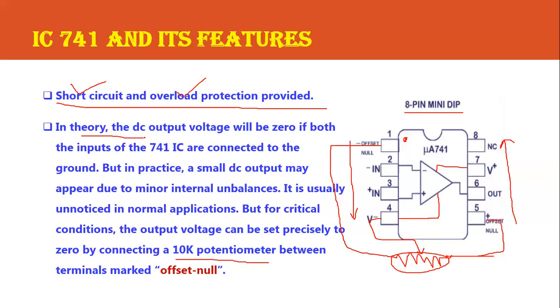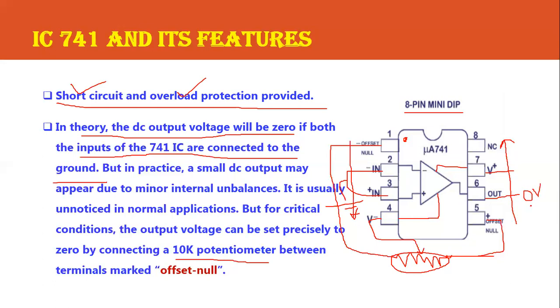In theory, the DC output voltage will be equal to 0 if both inputs of IC741 are connected to ground, which means both input voltages are 0. If inputs are 0, we generally say the output voltage is equal to 0 volts.